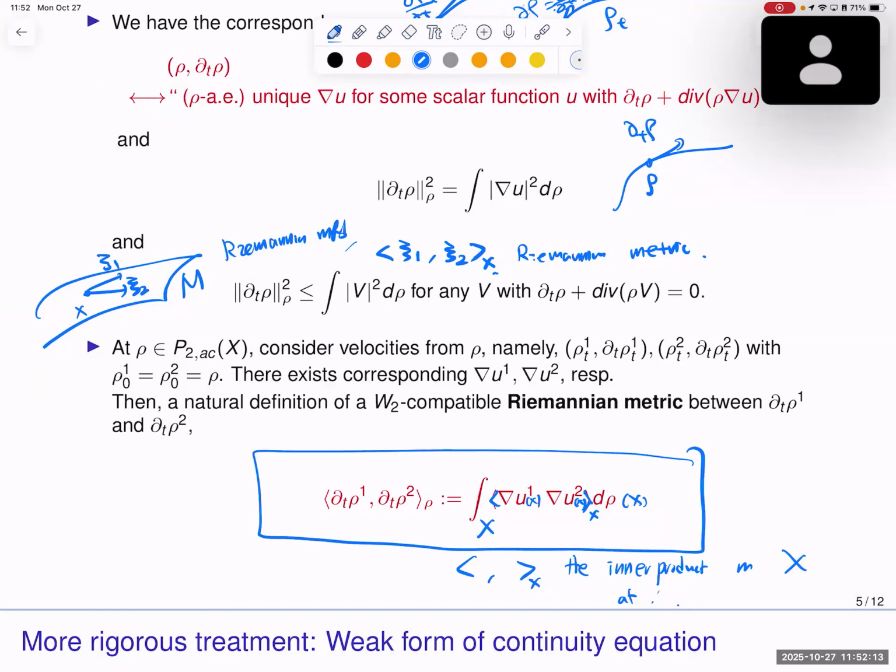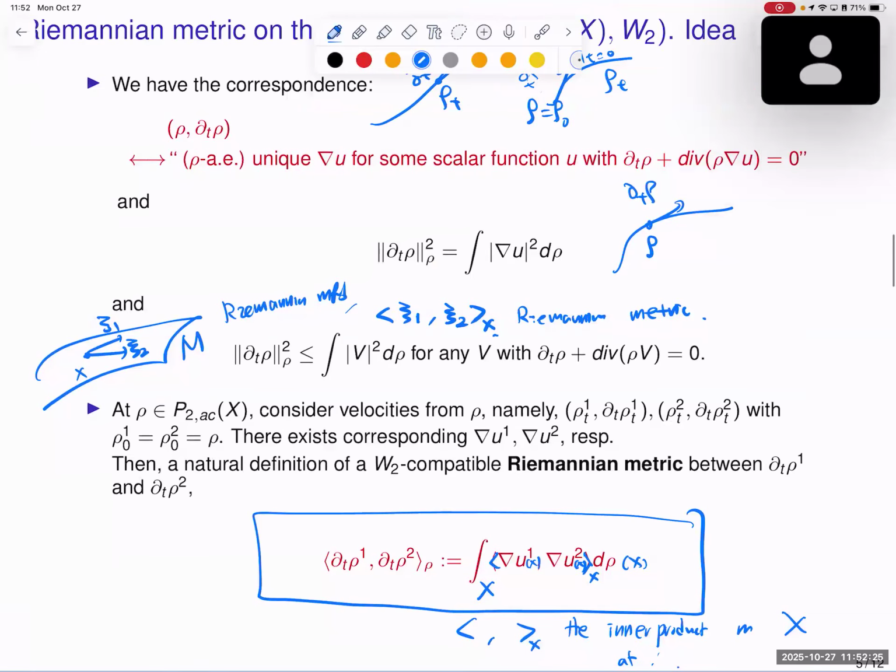The Riemannian metric on the Wasserstein space, P2ac. Again, these velocities of measures are represented by vector fields on the underlying space, and the way we measure their Riemannian product is this L2-type product between these vector fields with respect to the current measure.